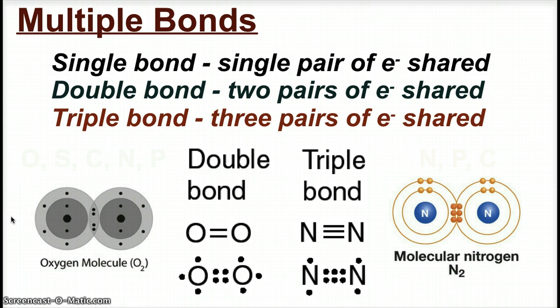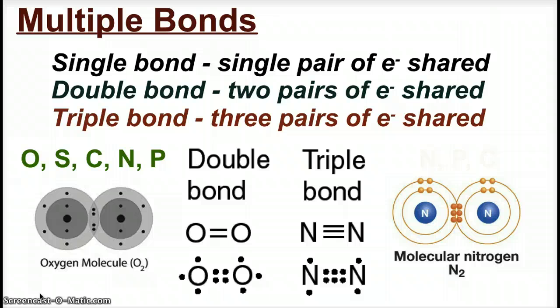There's only so many nonmetals, not very many at all. And of those nonmetals, there's only a couple that are really eligible to double bond. Mainly oxygen, as we see here, sulfur, which is also in oxygen's family, and then carbon, nitrogen, and phosphorus have the ability to also form double bonds.